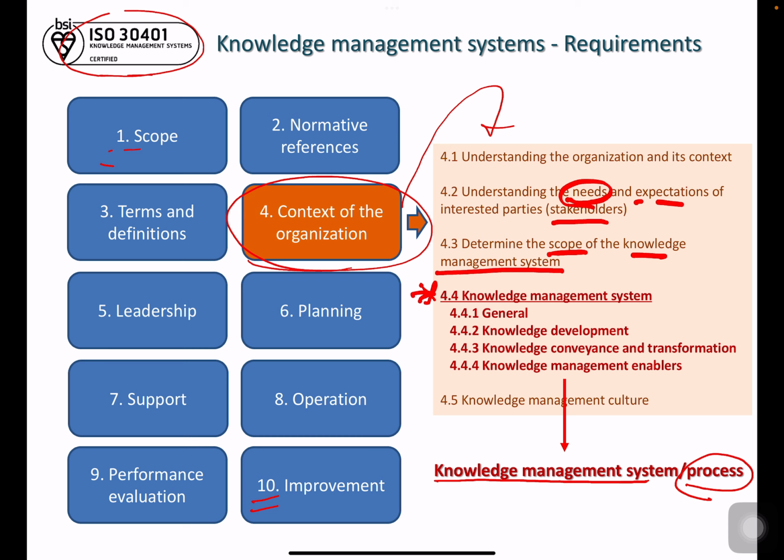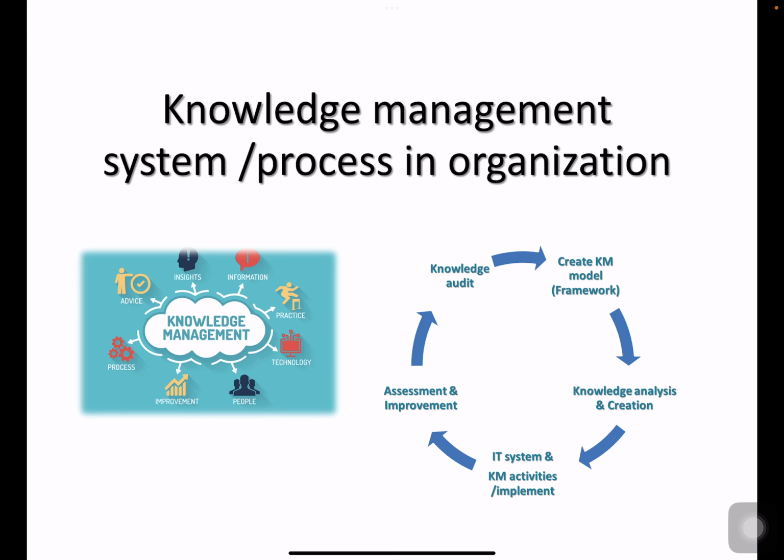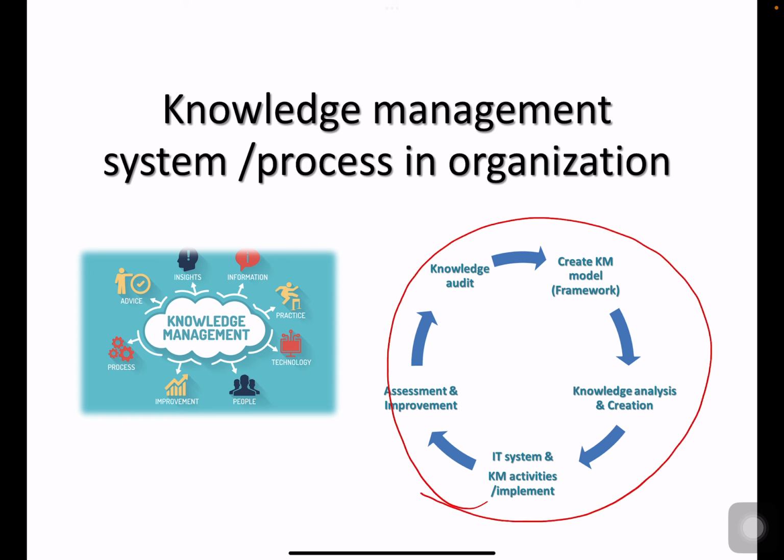In this chapter, we focus on the components of the knowledge management system in general: knowledge development, knowledge conversion and transformation, and the knowledge management enabler. This is about the knowledge management process. Item number 4 also has the knowledge management culture. So based on the introduction, we're going to talk about the knowledge management system and the knowledge management process in the organization.